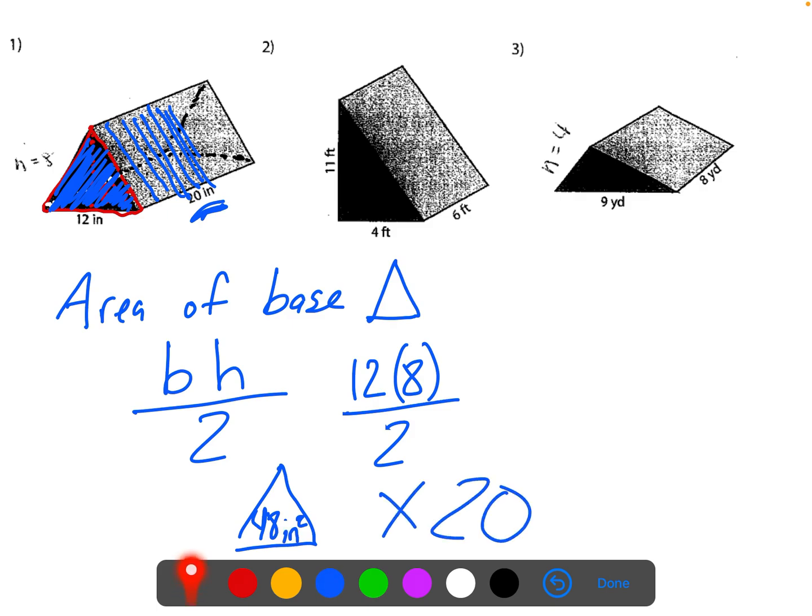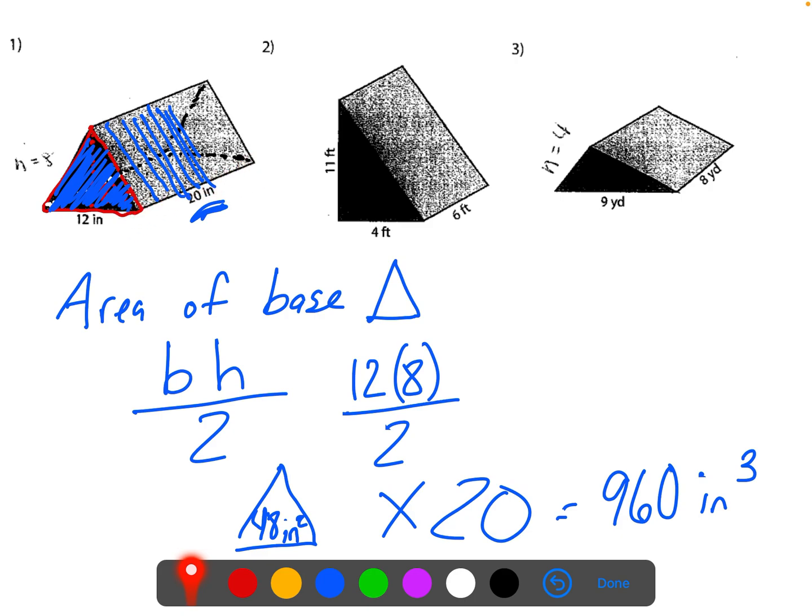We're going to multiply it by the height of the figure here. And that's going to tell us that the, now we've gone to volume because we're talking about a third dimension now. Now we're saying the volume is 960. Now we're not square inches, but cubic inches, cubed inches, because we have 3 dimensions now. We have our length, or our length and height, and then our third dimension here as well.